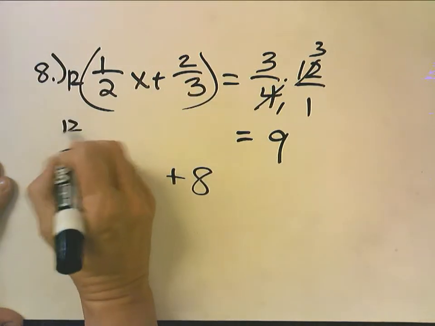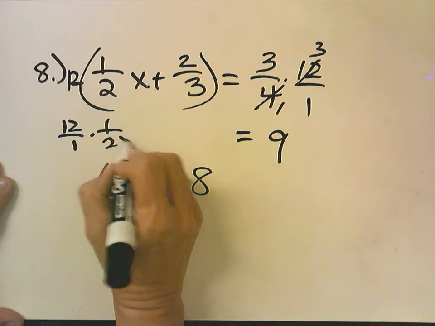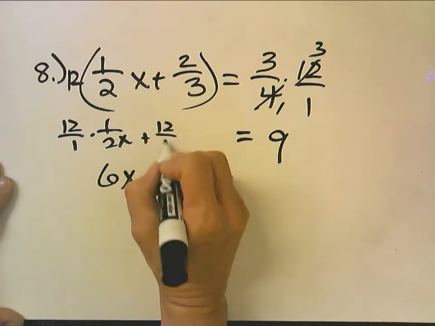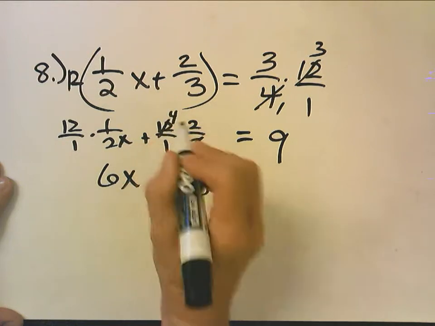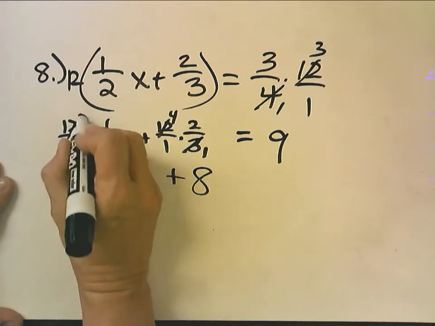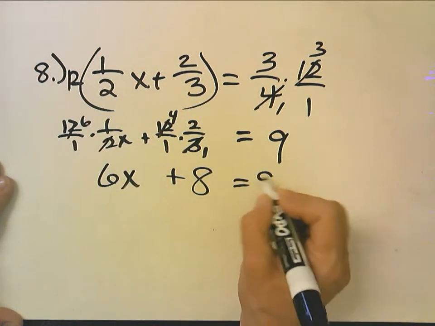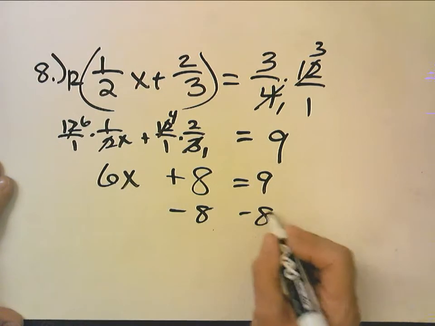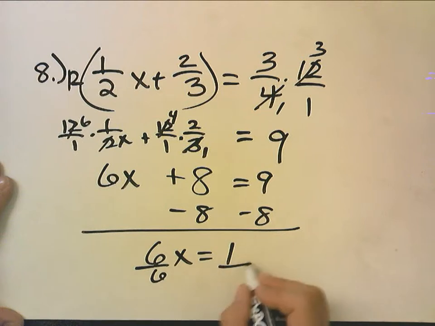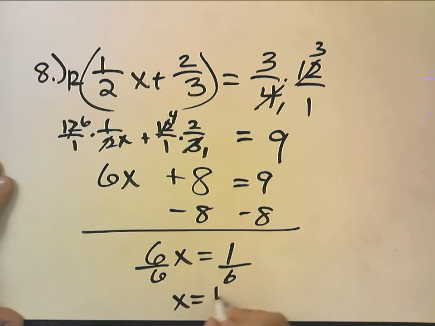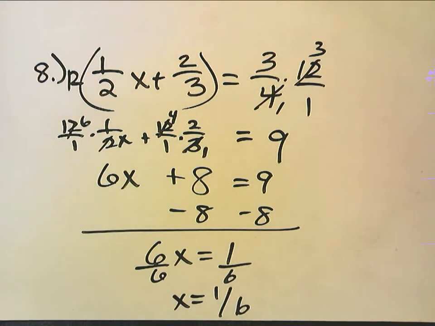But if you can't do it in your head, you should write it out. 4 times 2 is 8, and that becomes 6x equals 9, minus 8 minus 8. 6x equals 1, divide by 6, divide by 6, x equals 1/6. And that's all I'm going to do from page 9.